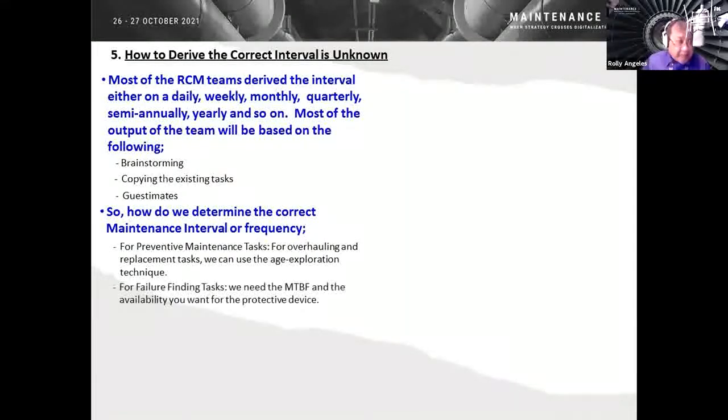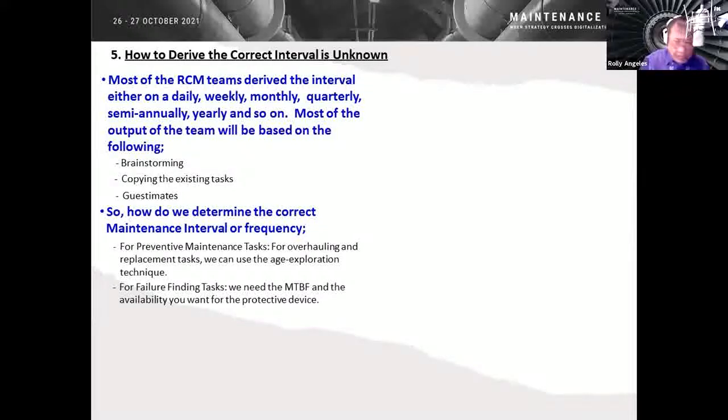Now, for failure finding tasks, you need to know the mean time between failure, and we have a table for selecting the correct availability. If this is a critical protective device, meaning failure finding will only apply for hidden failures, most especially protective devices, then in the case of a very sensitive or very critical protected device, we can aim for a higher availability, let's say 99.99%.